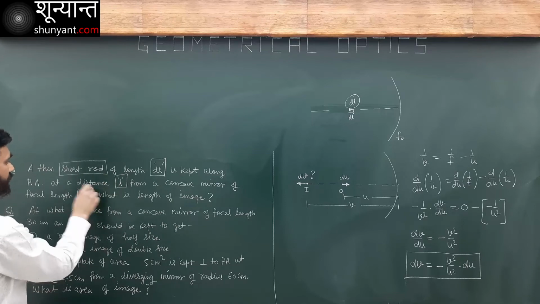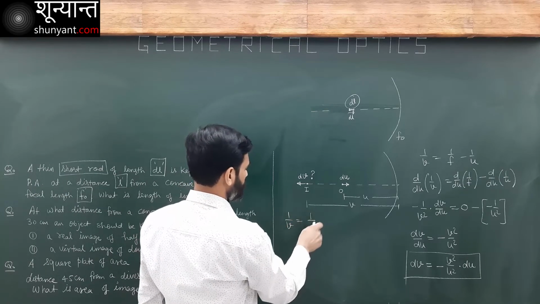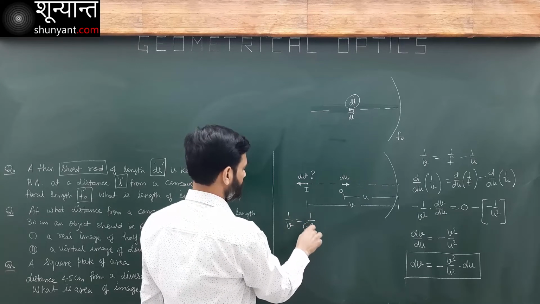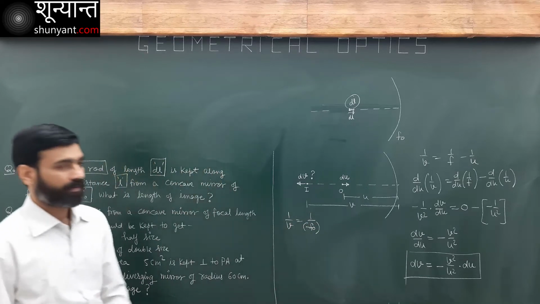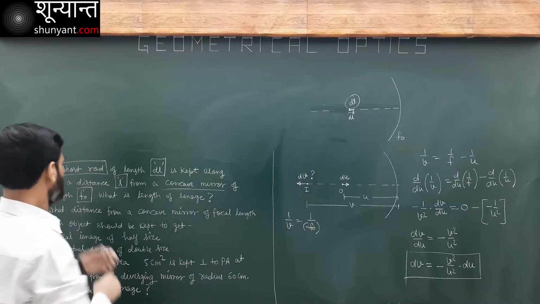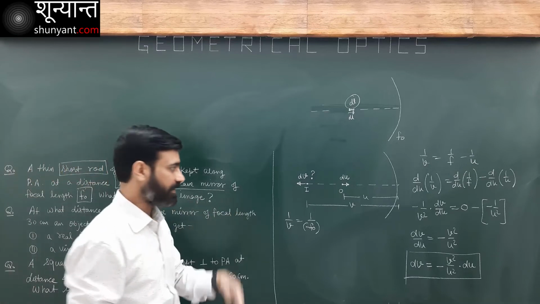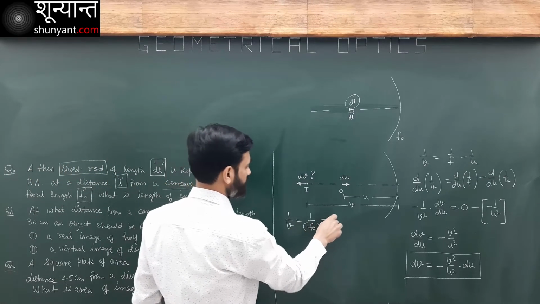Focal length is given. So I can find 1 over v, which is going to be equal to 1 over minus f naught, because this is a concave mirror. This is the magnitude. When I apply the sign convention, it is going to be minus f naught minus 1 over minus l.